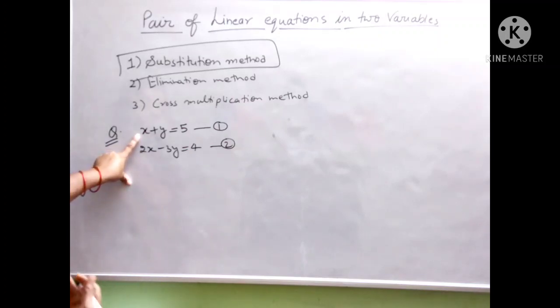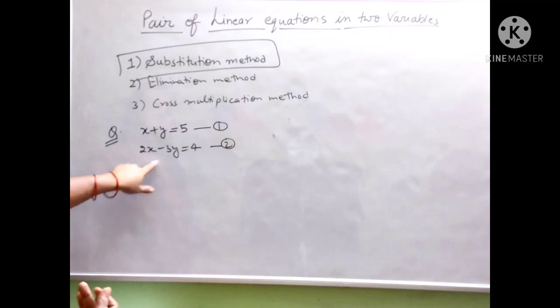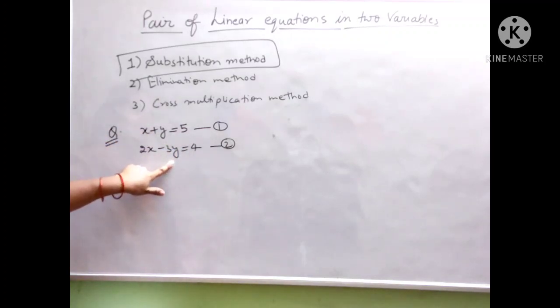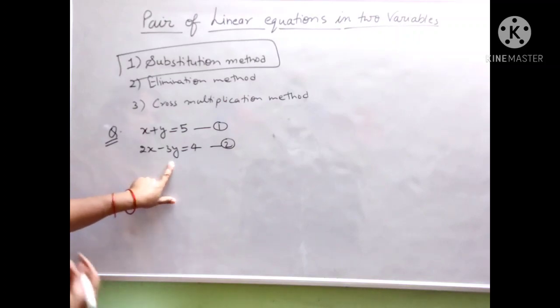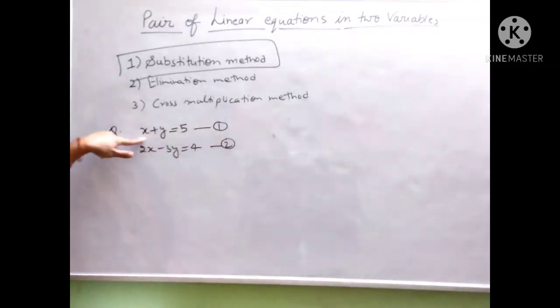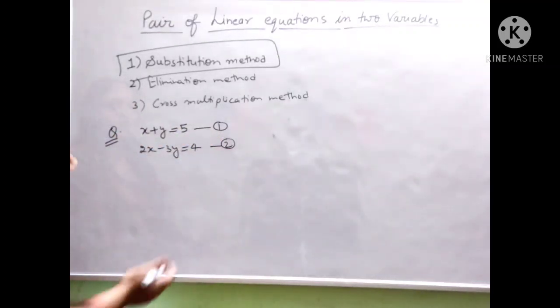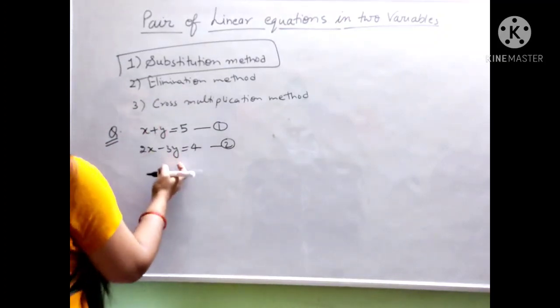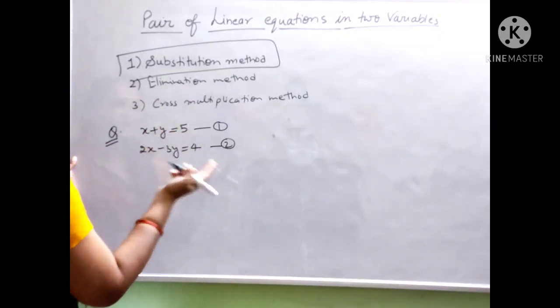So if we want to make the variable x equal, then we have to multiply the whole equation by 2. Or if we want to make the variable y value equal, then we have to multiply the whole equation by 3. So here I multiply equation 1 by 3 to make the value of variable y equal.